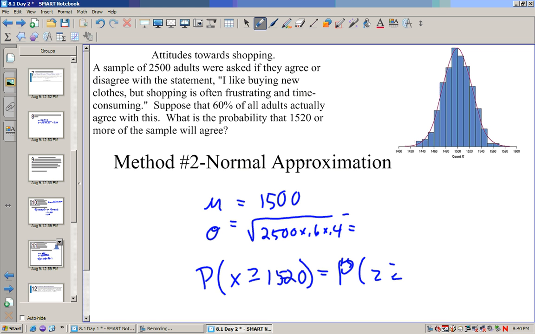Square root that. This becomes 24.5. So now we're doing z is greater than 1,520 minus 1,500 over 24.5.